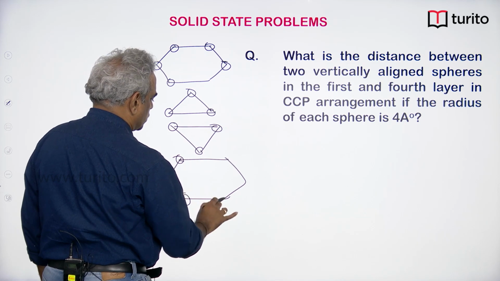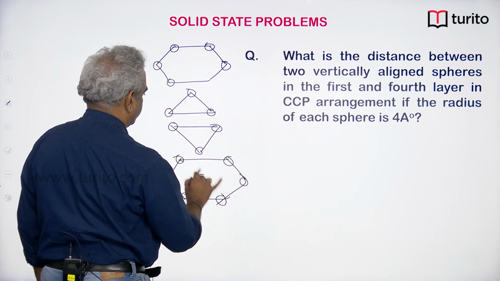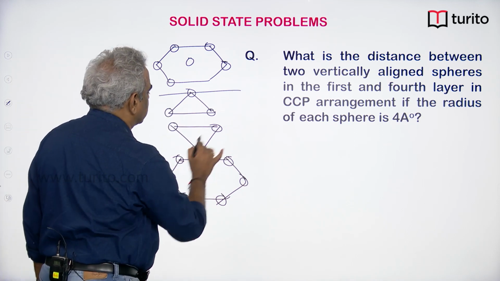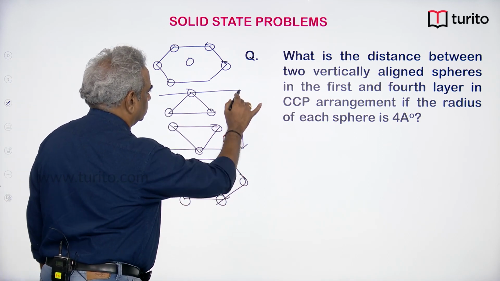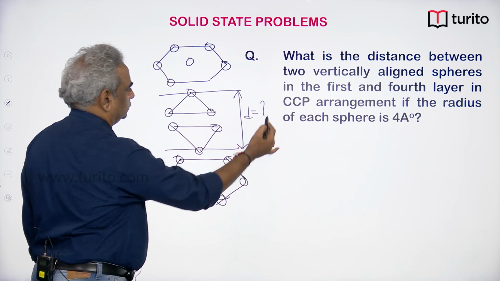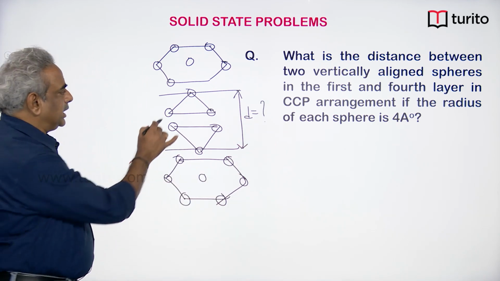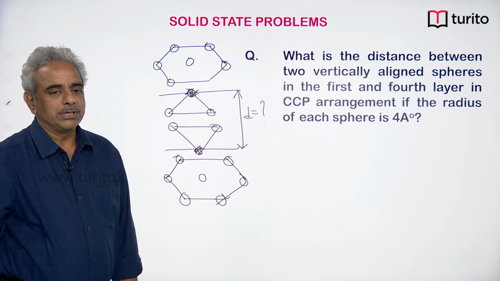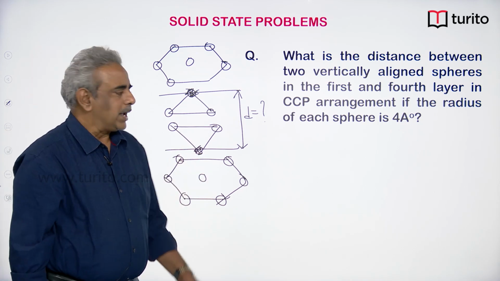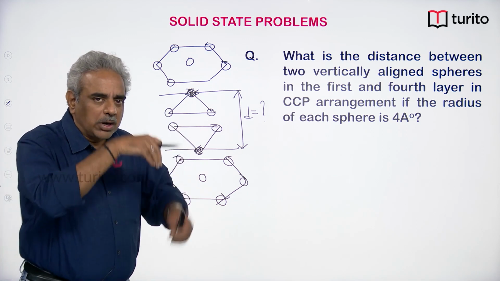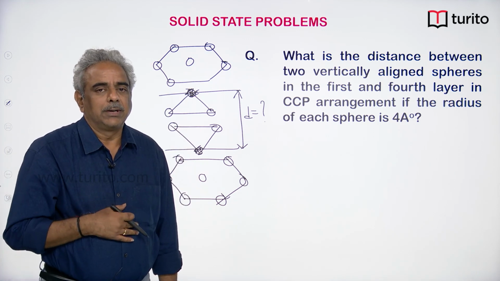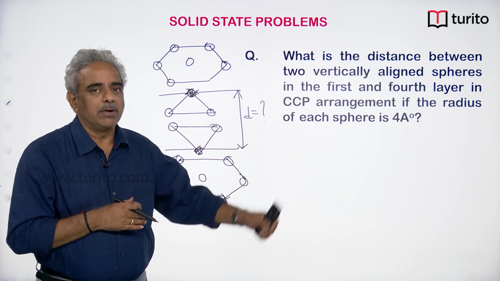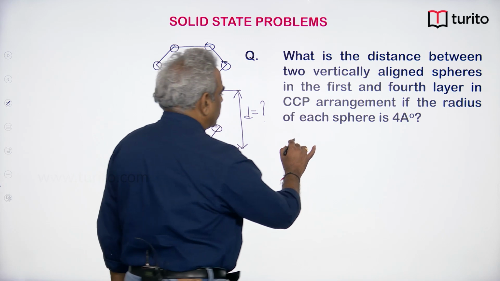There are 4 layers I am showing: A, B, C, again A. Suppose this distance is asked, between this sphere and this sphere, how to work out the distance? Again, if you take this arrangement and work it out, it will become very difficult. Rather, you take the unit cell and work it out. Just now we have seen the unit cell.